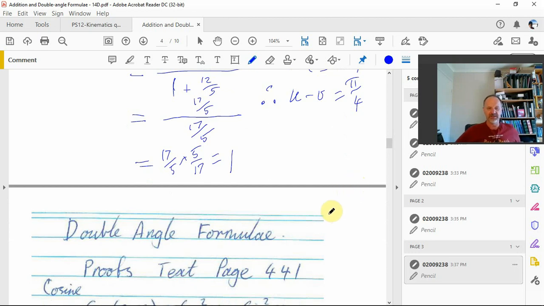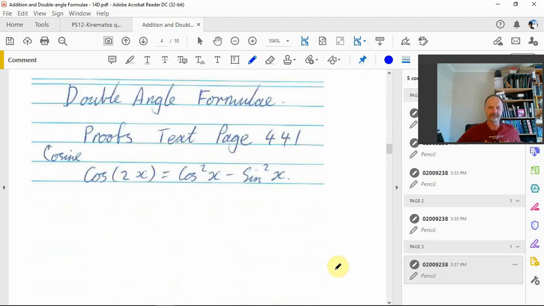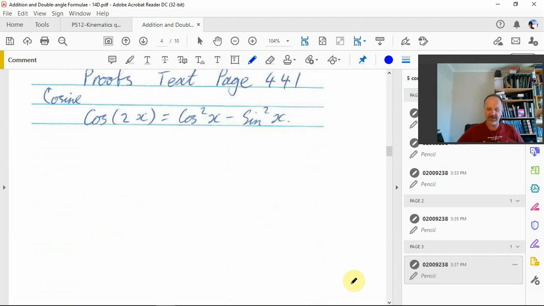So double angle, as I said, 2 times, doubling, so cos 2x. And so it's cos x squared minus sine x squared. Now, for cos, there's a couple of other variations because we've got cos x squared and sine x squared.